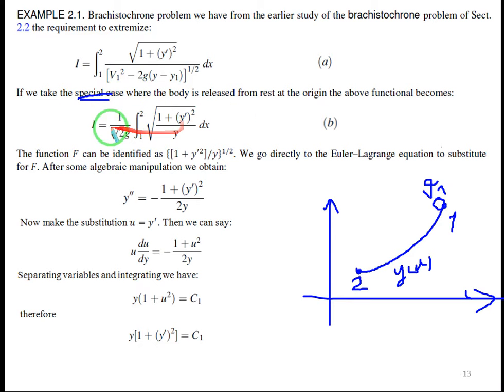This is the problem which is going to be minimized, and function f is the function we will use in the Euler-Lagrange equation. Since 1 over the root of 2g is a constant number, we can say f in the Euler-Lagrange equation can be presented by this formula.